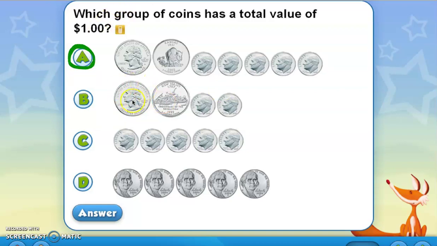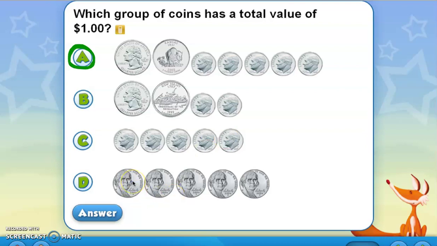Okay, let's just check to make sure that the other ones don't. So this one we have 2 quarters and 2 dimes. So 25, 50, 60, 70. Not quite 100. C shows all dimes. So 10, 20, 30, 40, 50. Again, that's about half of $1. 50 cents is about half of $1. So still not 100 cents.